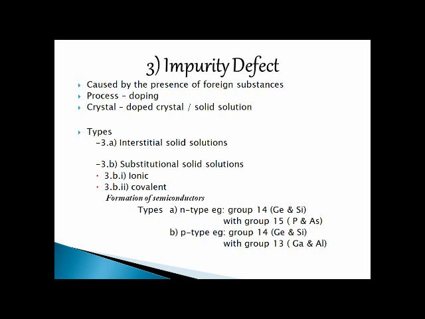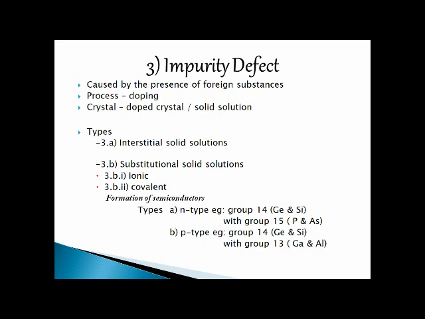Under impurity defect, we have two types of crystals. The first one is interstitial solid solutions, and the second one is substitutional solid solutions. Interstitial means in a crystal, foreign substances occupy interstitial space.